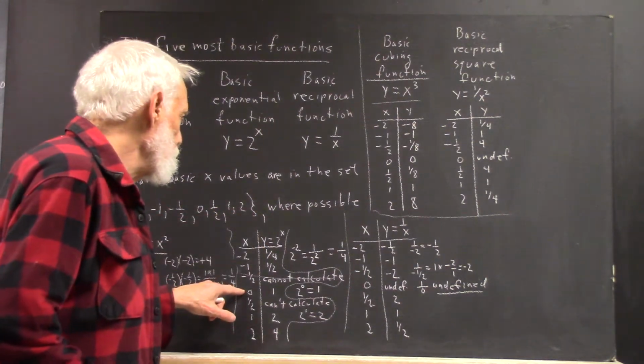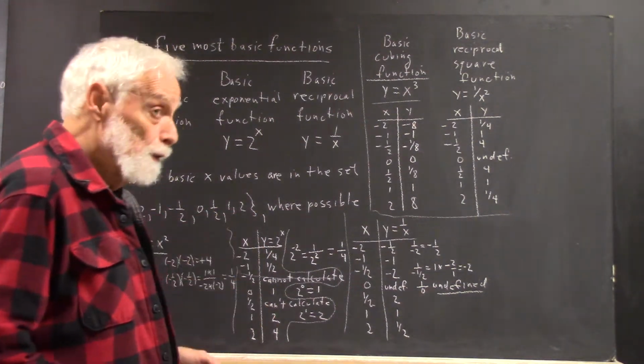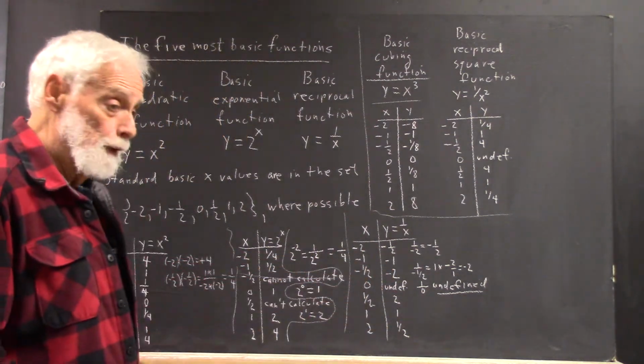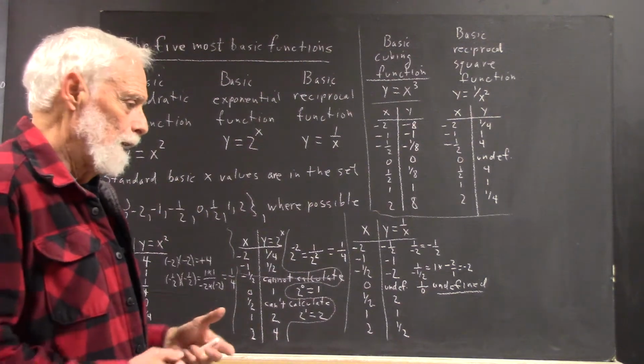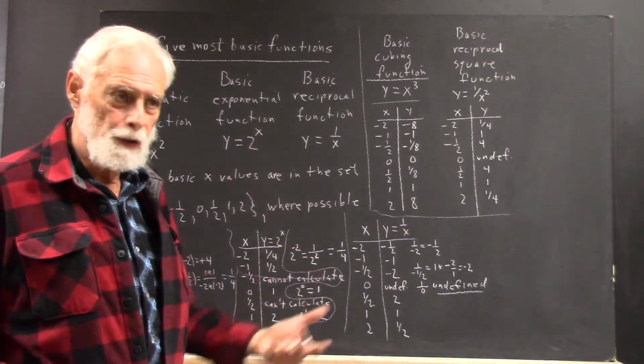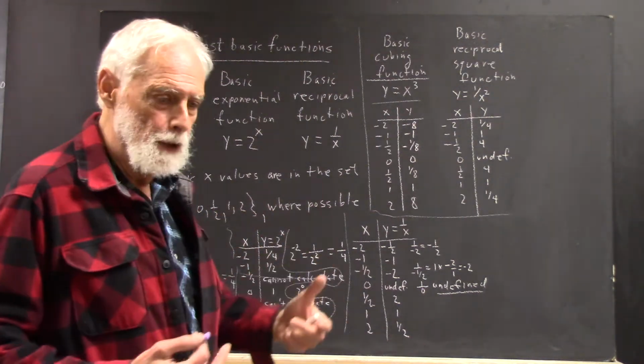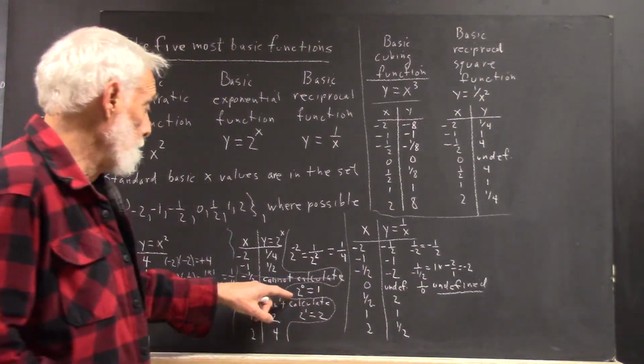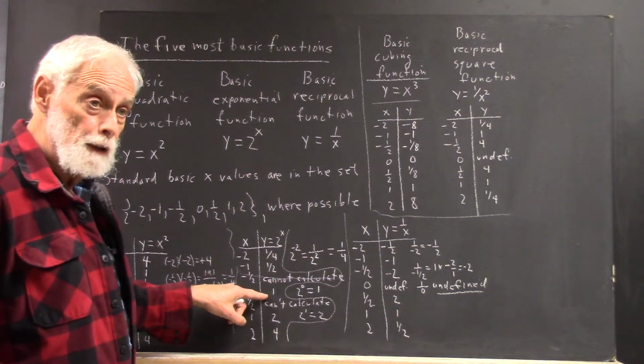Okay, 2 to the 0, it's not 0. 2 to the 0 is 1, and if you don't understand that, and if you didn't understand that before you even walked into the class and didn't know that as well as you know the back of your hand, you need to review laws of exponents and so forth. Okay, 2 to the 0 is 1. Any number to the 0 is 1.